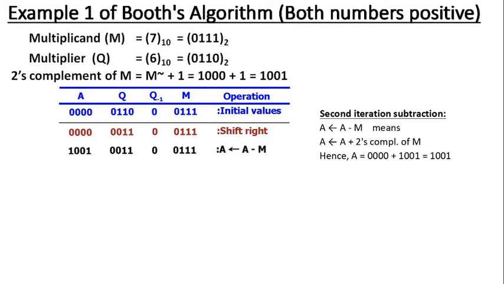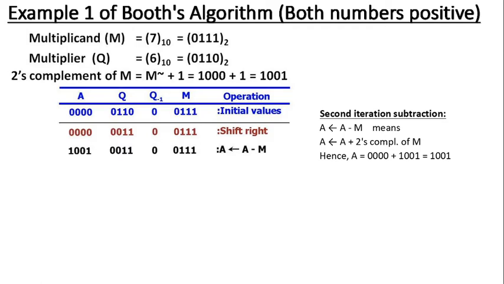Hence, A is equal to 0, 0, 0, 0 plus 1, 0, 0, 1, which is equal to 1, 0, 0, 1. And you can observe it. In this second iteration, the contents of register A are 1, 0, 0, 1. Rest all values remain the same here. Already I have stated, remaining values are not changed. So this is about the second iteration.